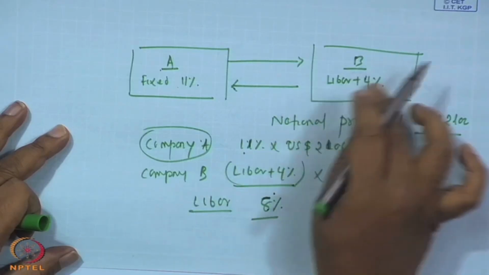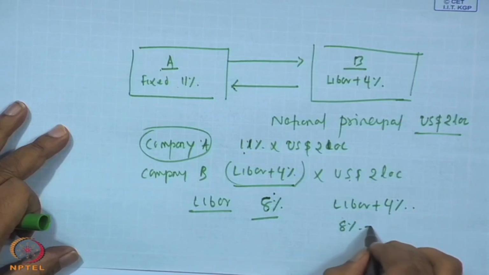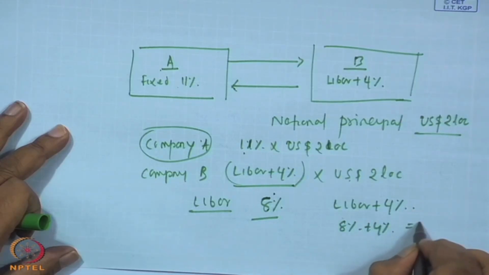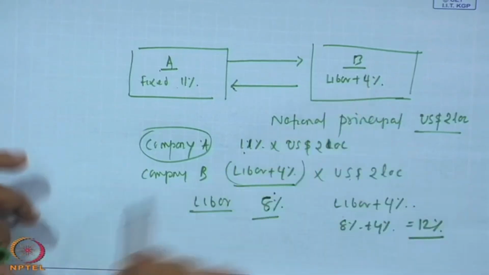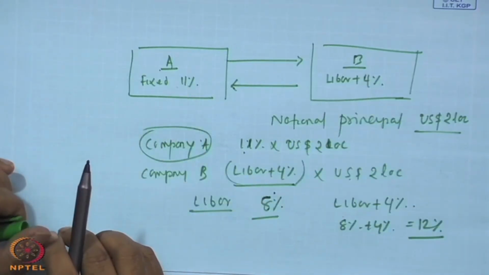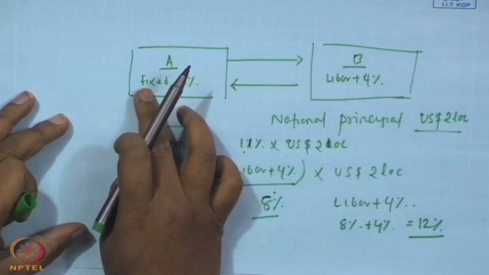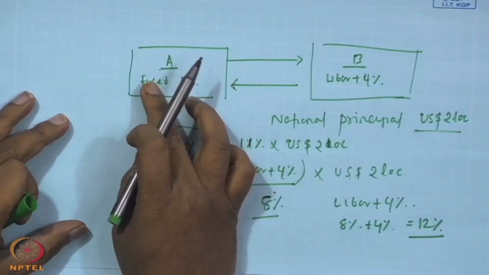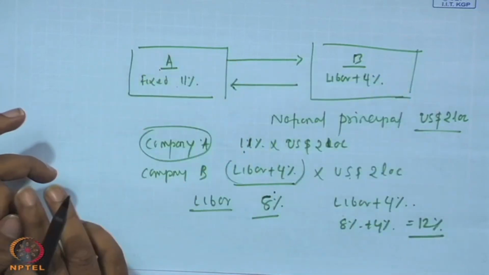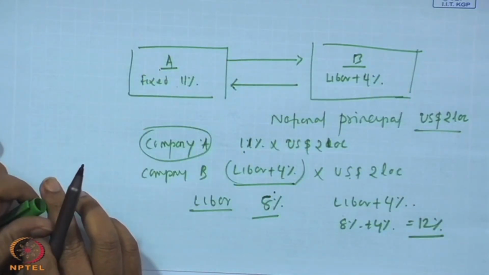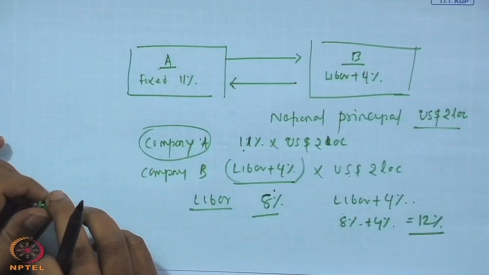So, now LIBOR 8% plus 4% is 12%. So, company B is borrowing at 12%, company A is borrowing at 11%. The 12% of company B is transferred to company A, and the 11% borrowing of company A is transferred to company B. So, in this process 1% extra payment is supposed to be paid by company A to company B. The transaction will take place like that.